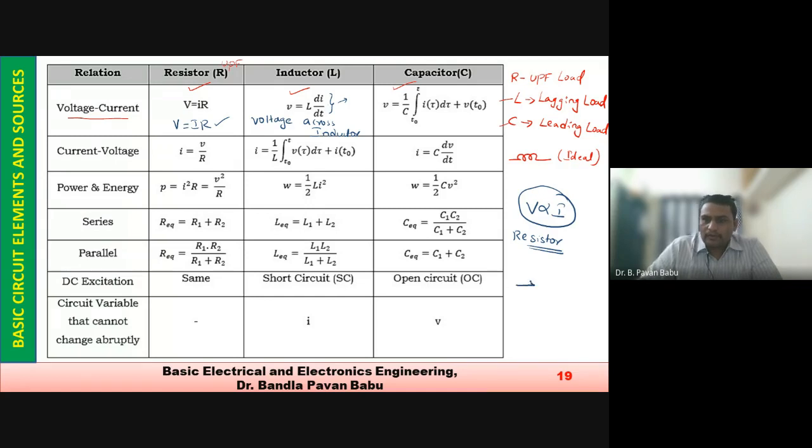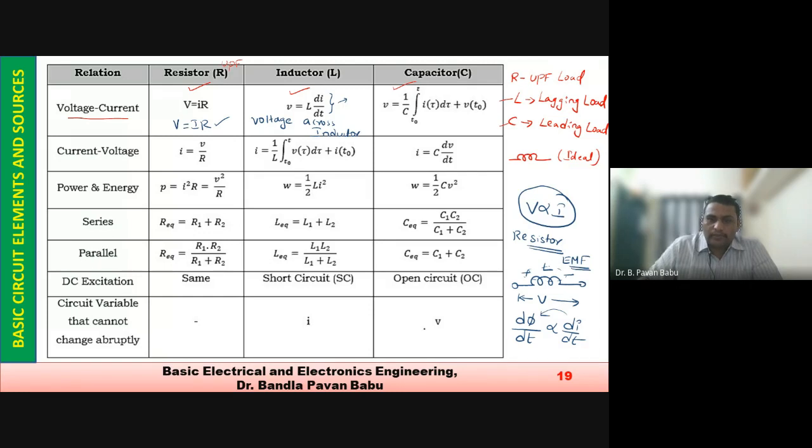This is an inductor. When we apply voltage across this inductor, the energy stored in the inductor is in the form of an electromagnetic field. It stores the energy in the form of a magnetic field. If there is a rate of change of flux with respect to time, that is, a rate of change of current with respect to time, then only it stores energy in the form of a magnetic field.